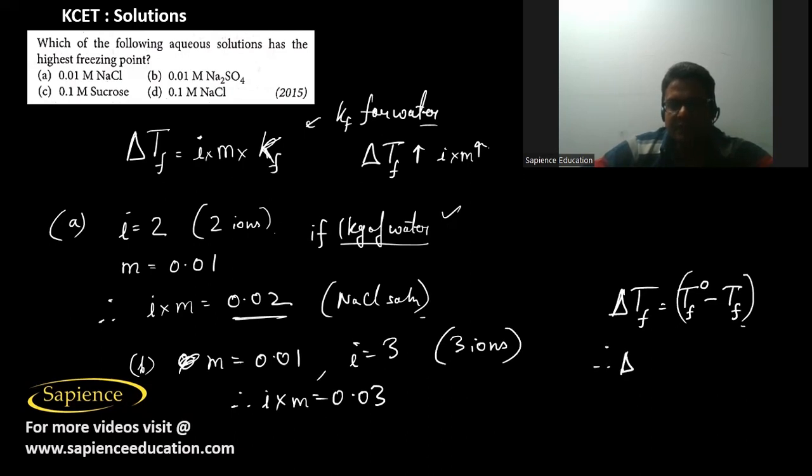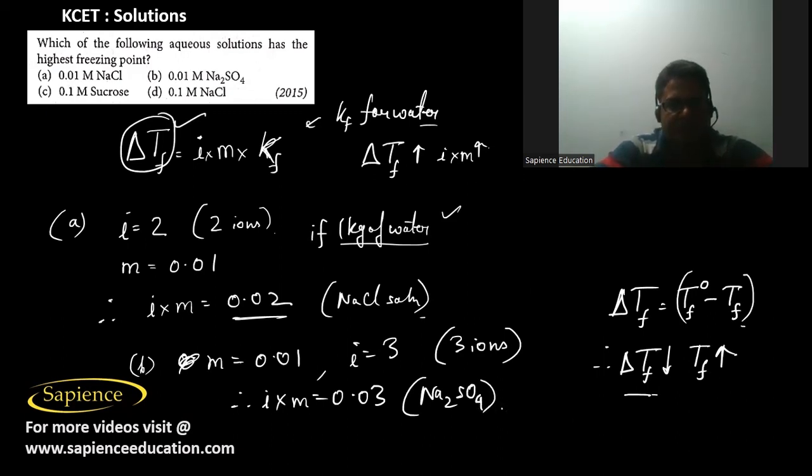So therefore, if the depression in the freezing point is lesser, then only the freezing point of the solution will be higher. So it means that the depression in the freezing point should be the least, so as to obtain the highest freezing point. So I into M value is 0.03 for the sodium sulfate solution.